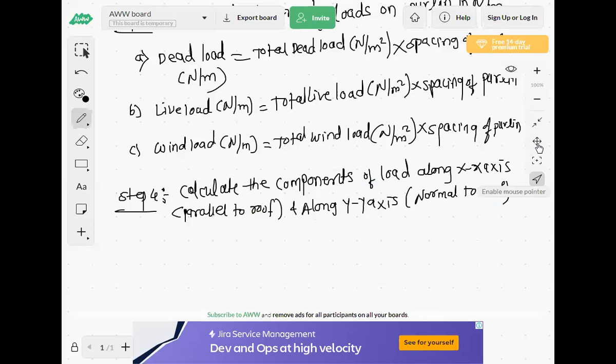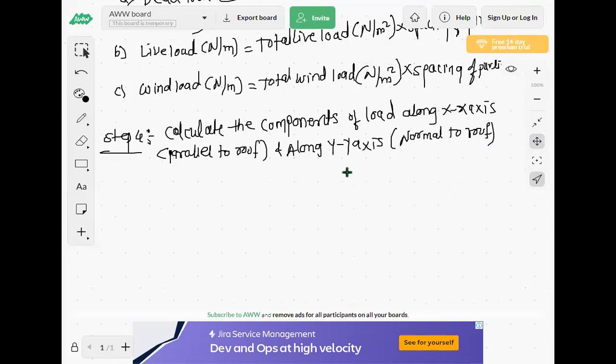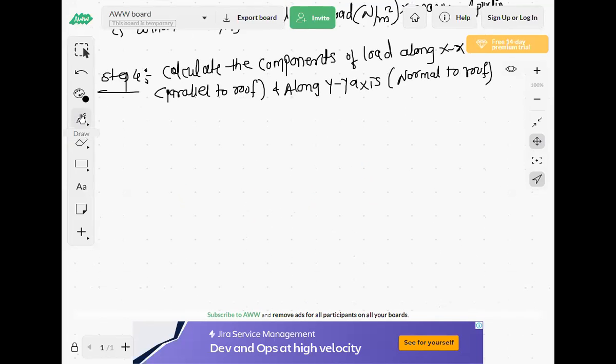It means what? If this is the panel point, this is the dead load acting downward.